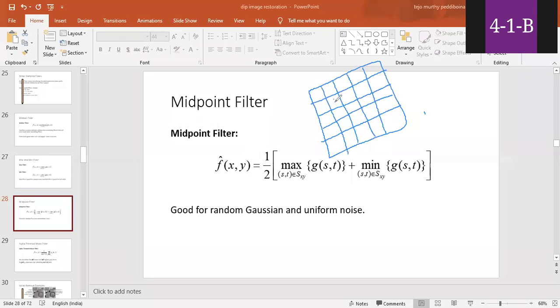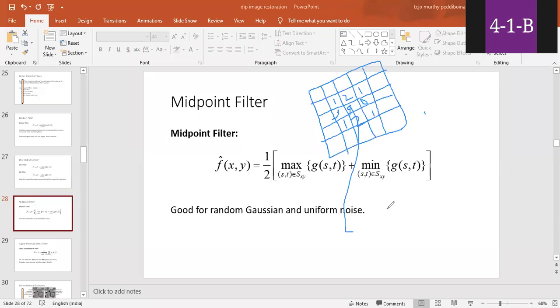So let us take this: 1, 2, 1, 3, 9, 0, 1, 2, 1. So what is my midpoint filter for 9? Midpoint filter for 9, if you take, you consider all the neighborhood values, out of that which is minimum?